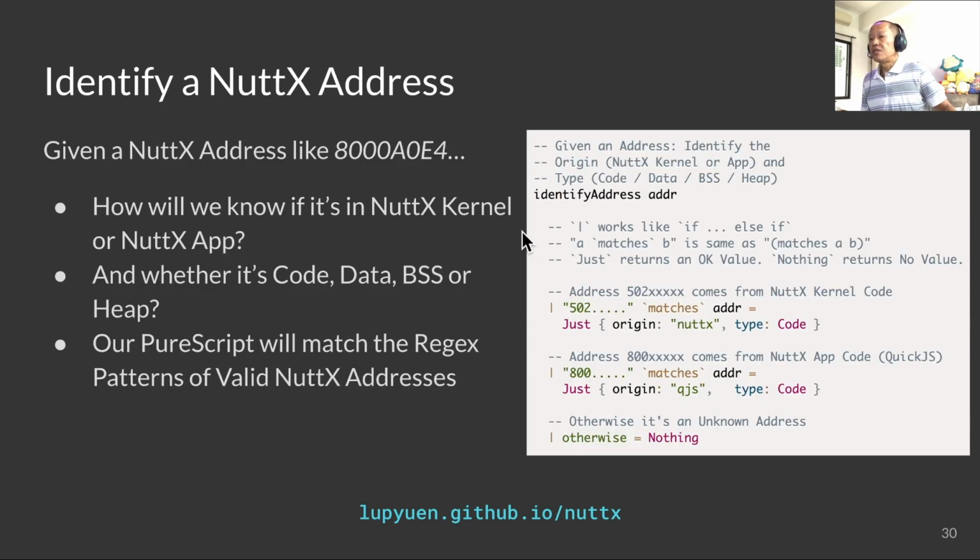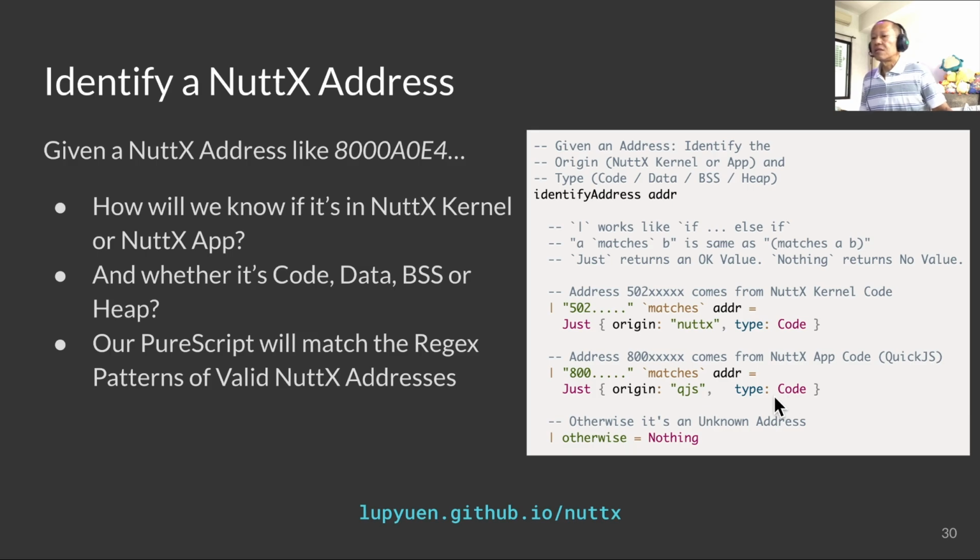We match the NuttX addresses with regular expressions. This rule says that 502 something something comes from NuttX kernel code. This rule says that 800 something something comes from NuttX app code.